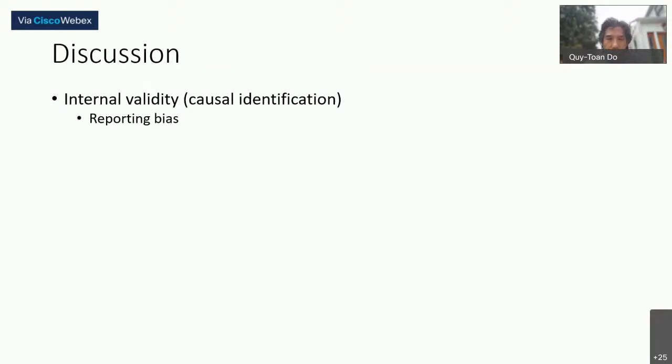So in terms of internal validity, I think one of the big hurdles you will face through the publication process will be one of reporting bias, in the sense that we can expect the media, the police, and the population to be more aware and report instances of crime with higher accuracy when there's this initial presumption that crime is going to be due to the inflow of refugees or asylum seekers.